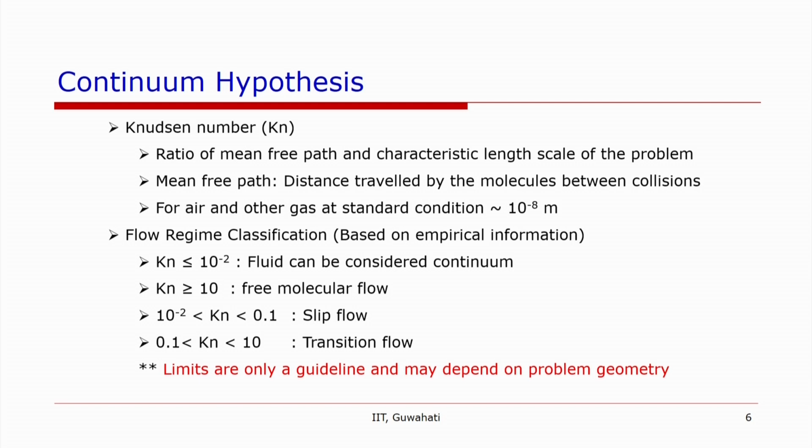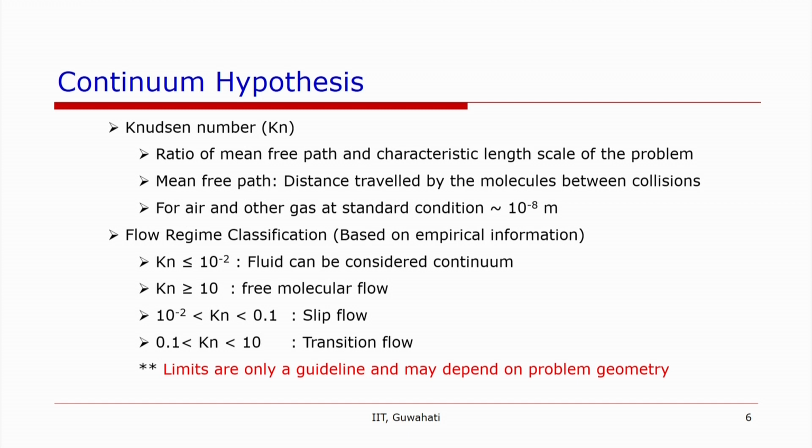So a low value of Knudsen number means the mean free path is very small, and then the continuum hypothesis is valid.